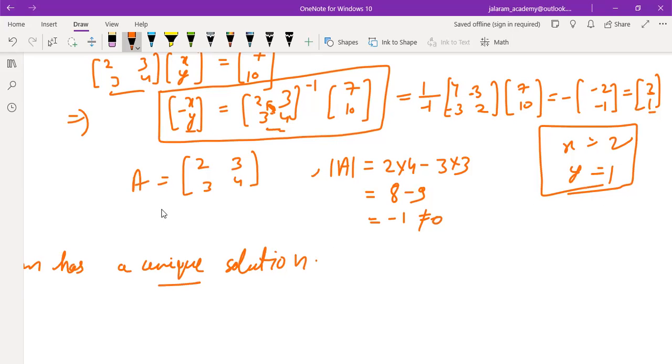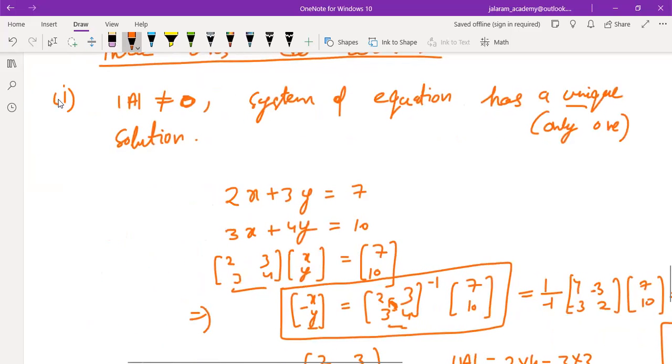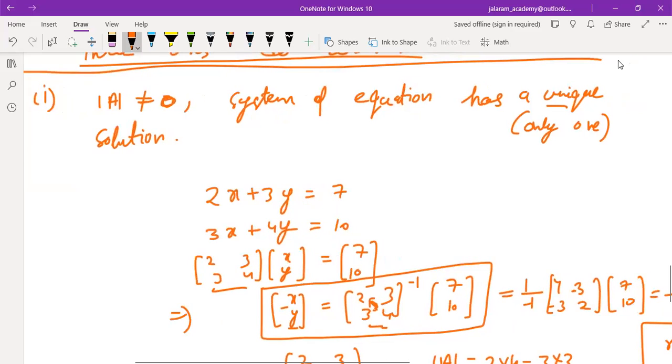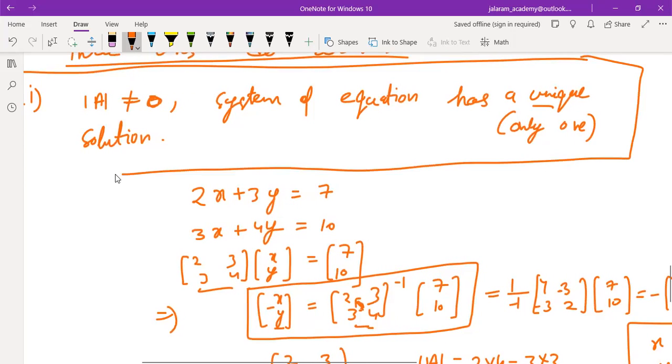So whenever determinant of A is non-zero, we have to learn only this line: the system of equations has a unique solution.